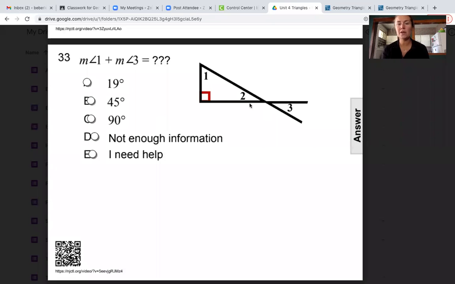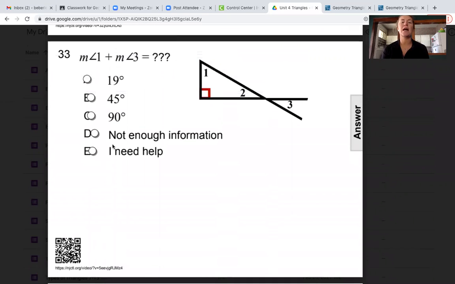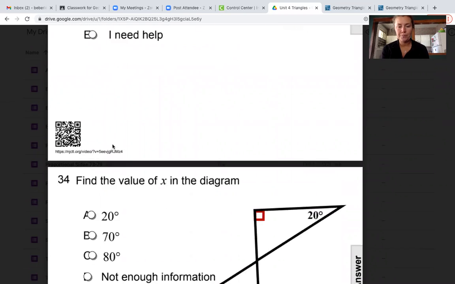All right, so angle 2 and angle 3 are vertical angles, which means that they are equal. So if you add angle 1 and angle 3 together, they're still going to equal 90 degrees because it's the exact same thing as saying angle 1 and angle 2 added together, because 2 and 3 are the same angle.